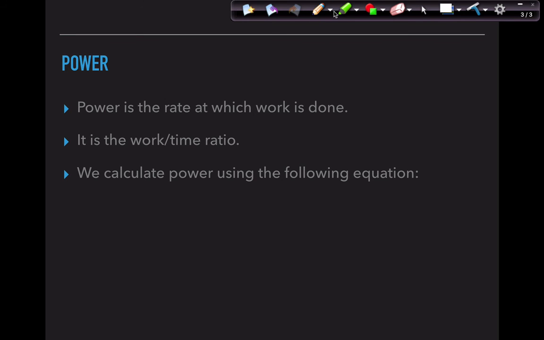So we calculate power using the following equation, and I'm going to give you two actual equations to help you out. Power is work over time. Power is measured in watts. Work is measured in joules, and time is measured in seconds.